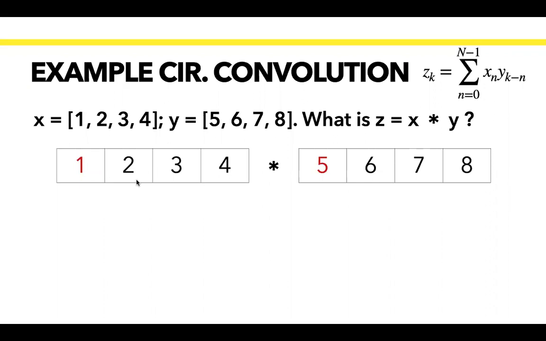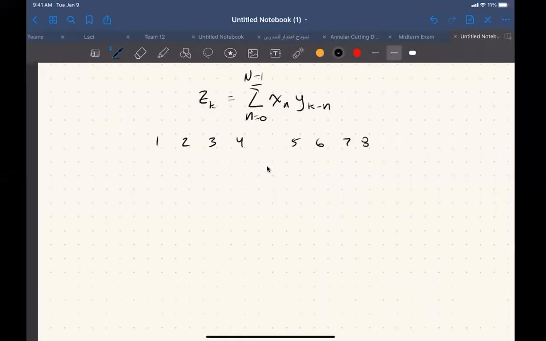Zk is equal to the sum n equals 0 to n minus 1, xn, y, k minus n. Okay, let me show you the screen now that I have it written. Here it is.